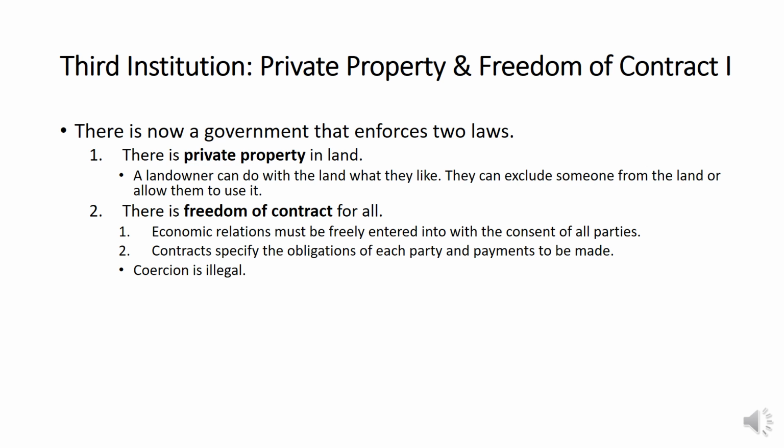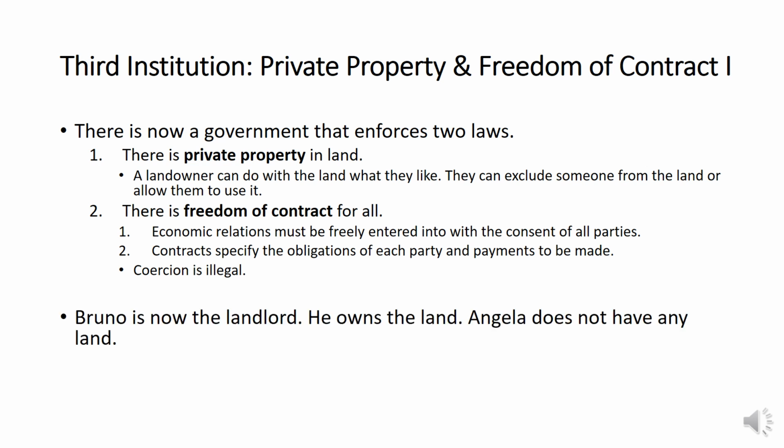Bruno can no longer be the person with the gun. Instead, Bruno is a landlord. He's the person who owns the land. You might imagine that this would result from him coming on the scene as a warlord and seizing the land, and then after many generations, his progeny are the landlords.